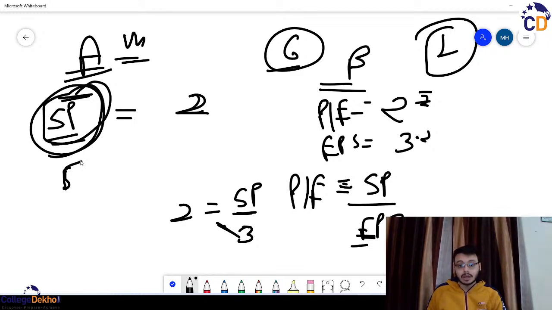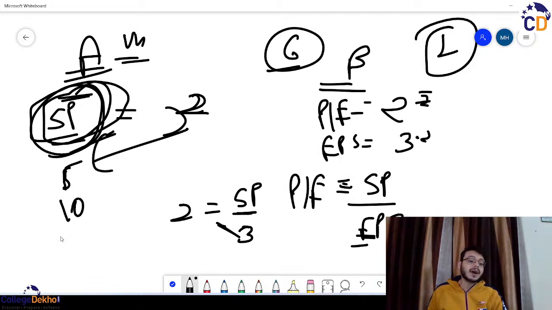The growth rate of a company in the growth stage is much faster than a mature company, and that is why this company's EPS would grow at a faster rate. So 5 into 2, and this company would command a share price of 10 rupees. That is on the basis of pure relative valuation.